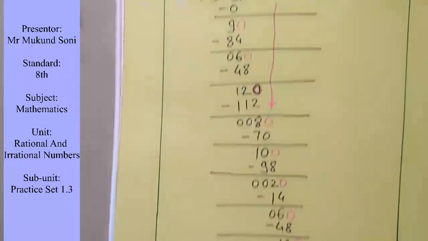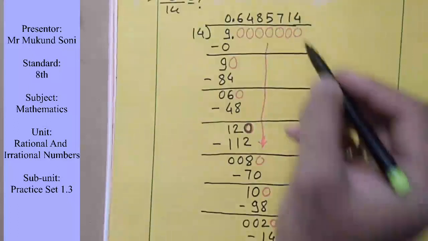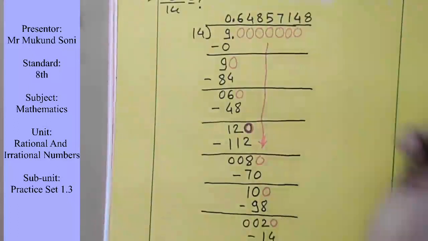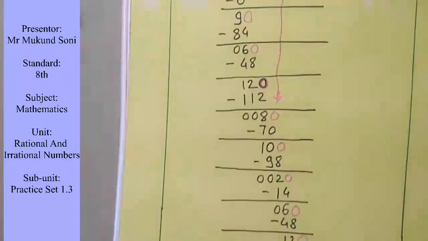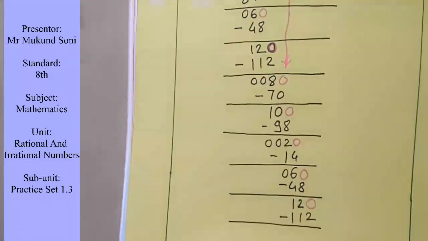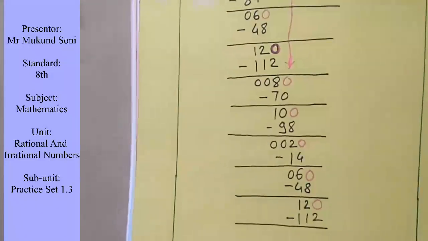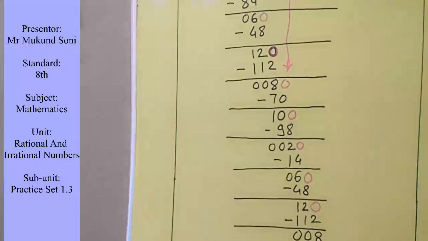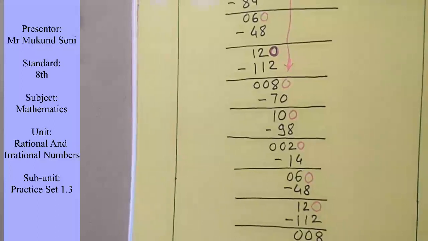Start looking for repetition, everyone. Otherwise you will keep doing it without stopping ever. We have to stop somewhere. But to stop, we need to find out if there is any repetition. The remainder, the subtraction, is getting repeated. The same subtraction is coming again and again. Check it out.